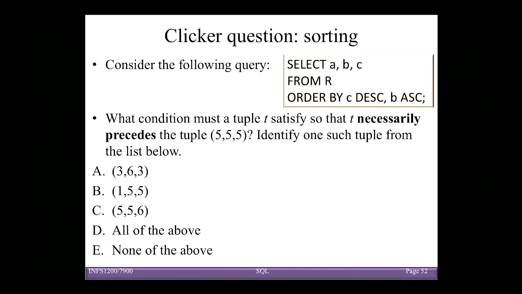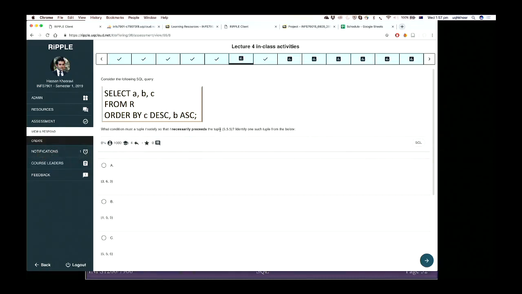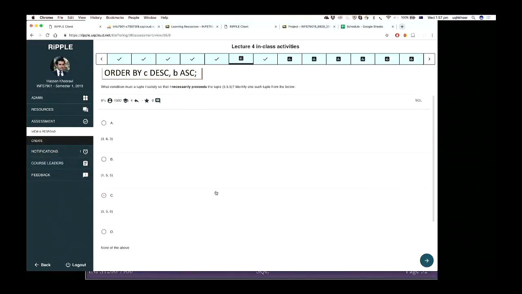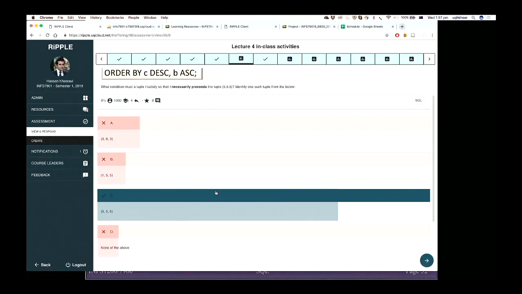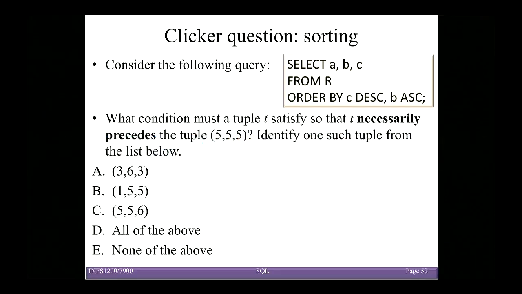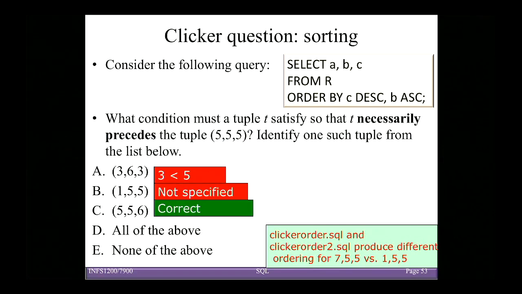Yeah, so identify one such tuple. You're right, it's kind of like, think about conditions that need to be satisfied. All right, so C it is. Most of you are correctly going for C. So what condition must be satisfied?